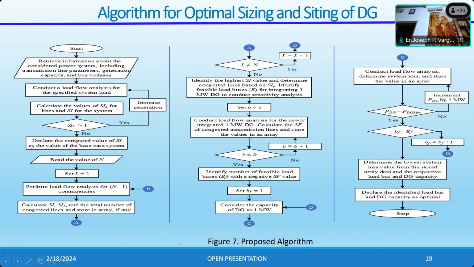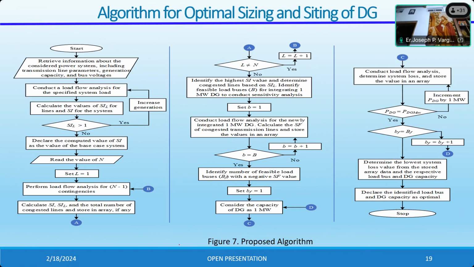Then we conduct load flow analysis to find the value of the severity index. After that, we find the maximum value of the severity index with an outage. Without an outage, we conduct load flow studies and the base value of the severity index is determined. After creating an outage, we again conduct load flow analysis and the severity index is determined.